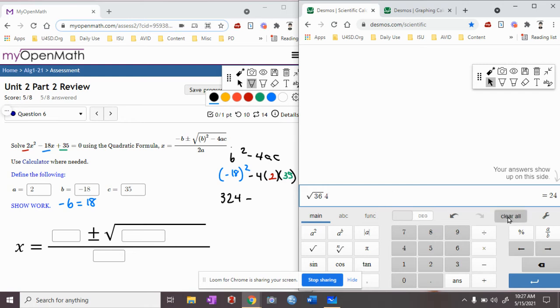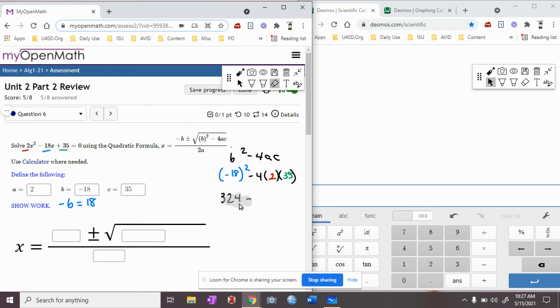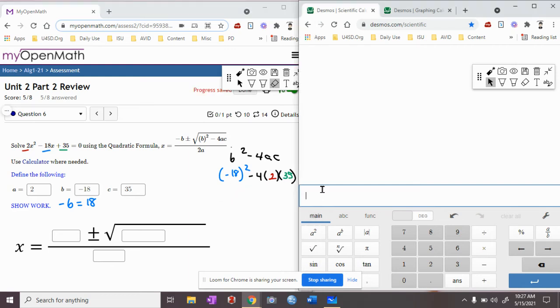Actually, if you remember one option, if you don't want to do this step by step, you can put your b squared minus 4ac here, and then just go through and replace those numbers. So I know my b is negative 18, and I'm putting that in parentheses. My a is 2, and my c is 35.